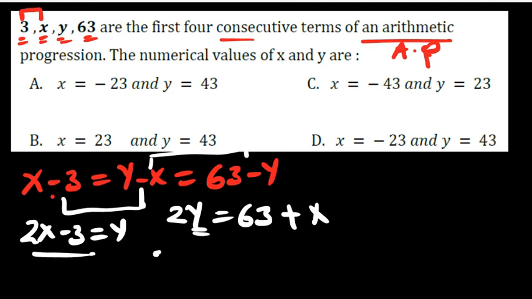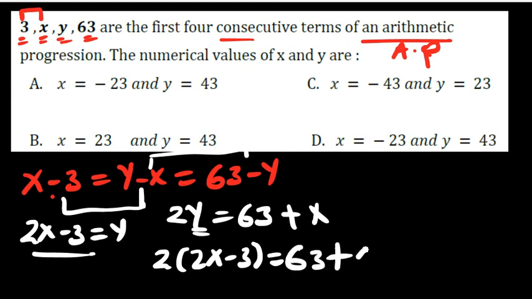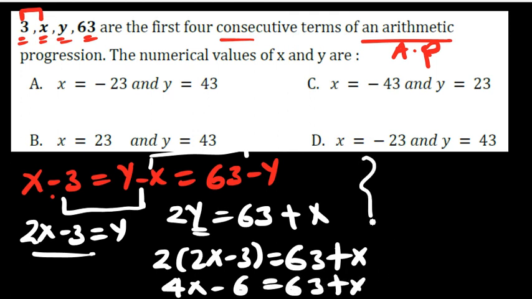But what's y? The y value is already here. So let us substitute. 2 times 2x minus 3 is equal to 63 plus x. So multiply. 4x minus 6 is equal to 63 plus x. Then bring the x and subtract it. It will be 3x is equal to 63 plus 6, which will be 69.